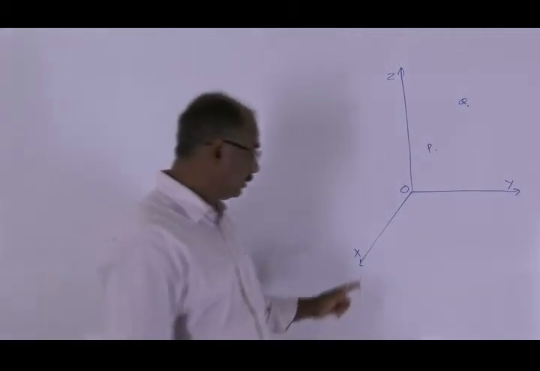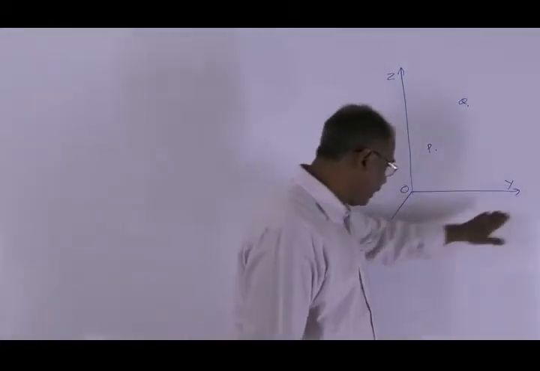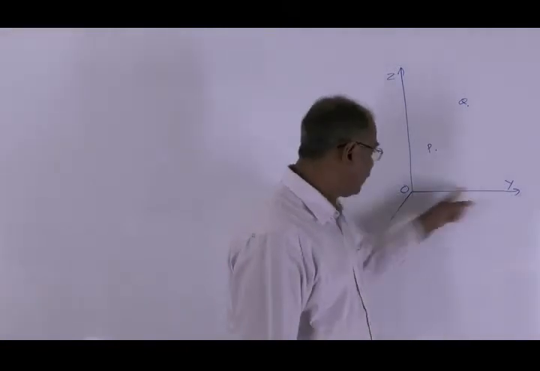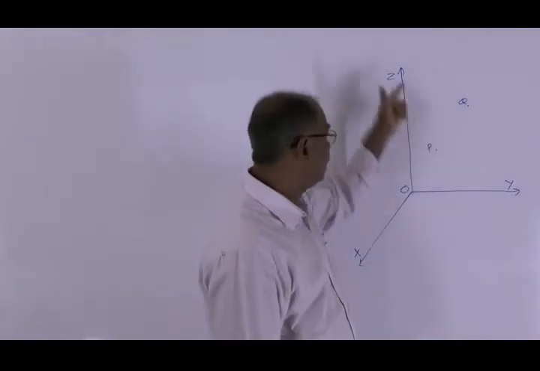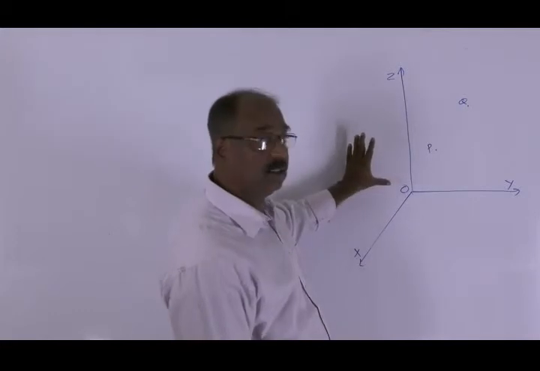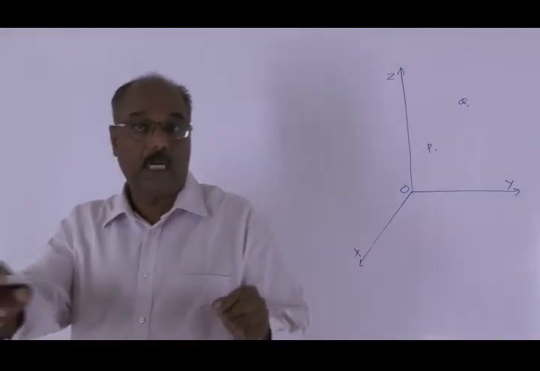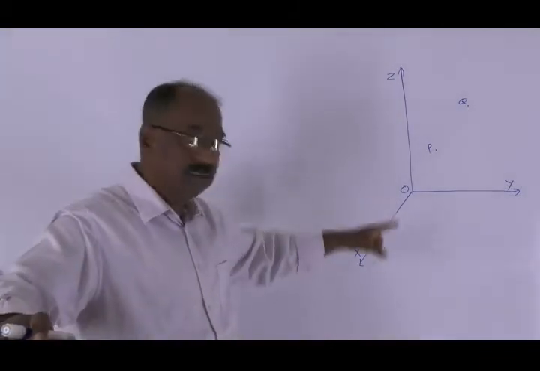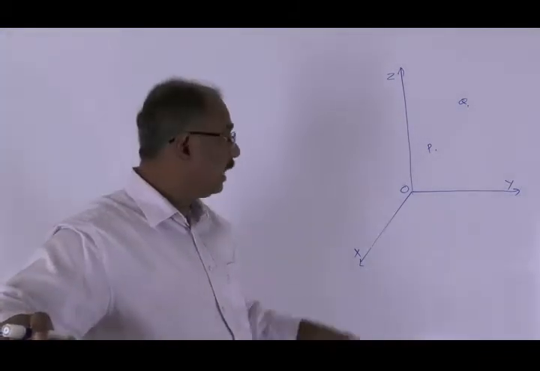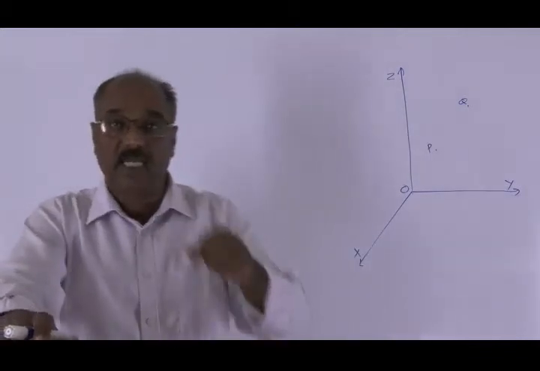What are the coordinate planes? XOY plane, this plane. YOZ plane, this plane. ZOX plane, this plane. The sides of the box are parallel to these three planes, and this PQ is one diagonal of the box.